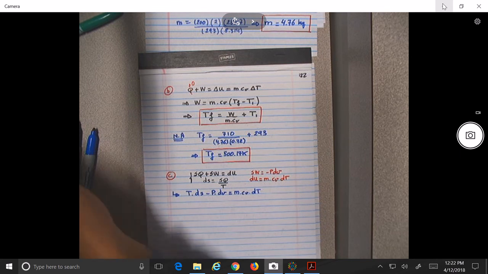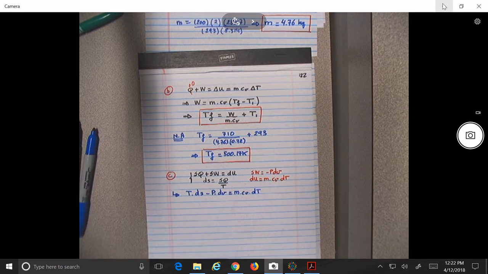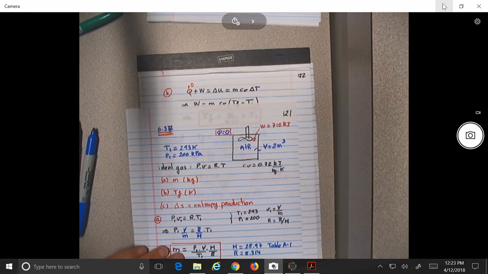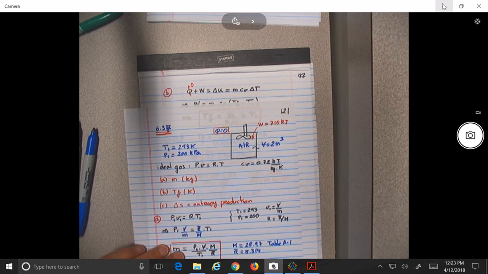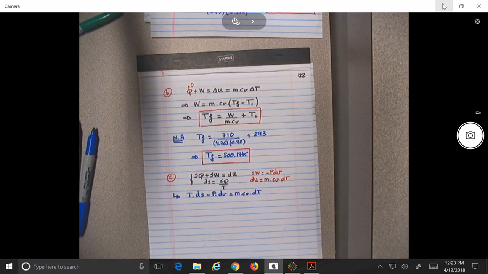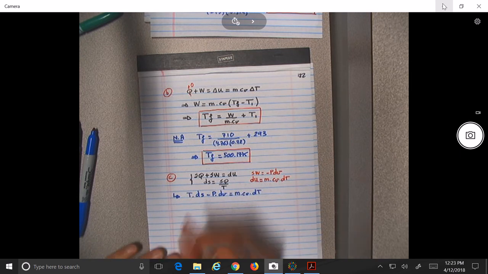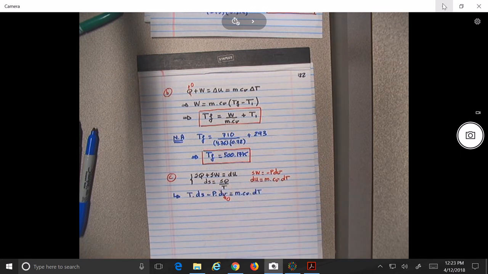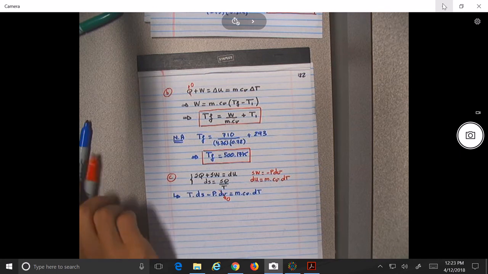So in this case, what is this? This is a rigid tank, no? So is there any change in volume? No. It's not that air is incompressible, it's just that it's a rigid tank. So what would dV be? Zero. There is no change in volume, so there is no work. Constant volume, no work.